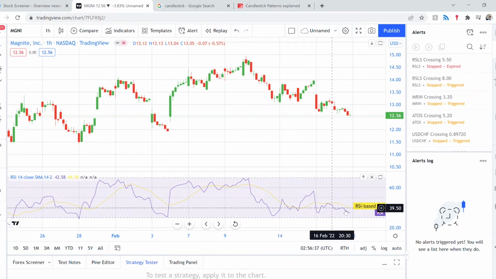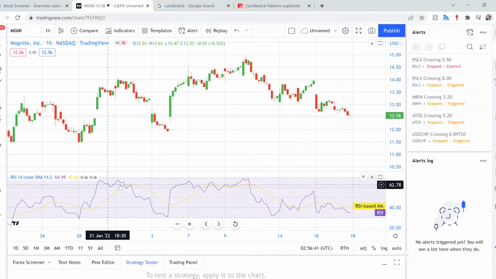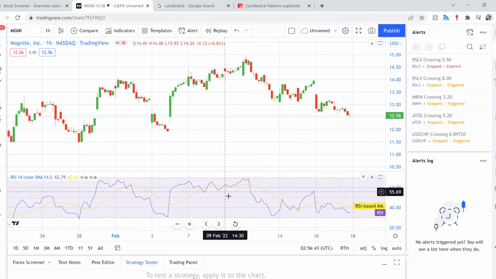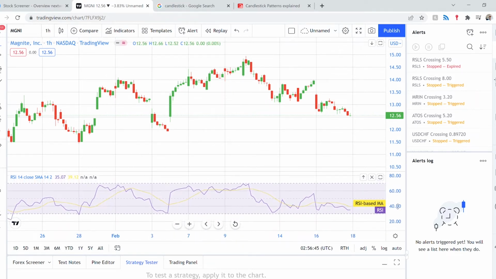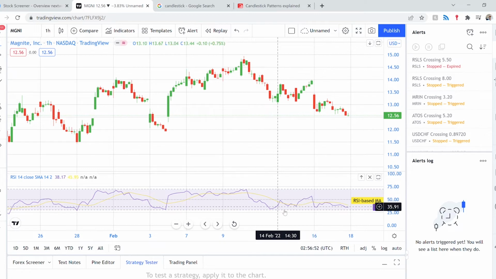Now, as you can see, this is RSI, and the purple line is what the RSI is.